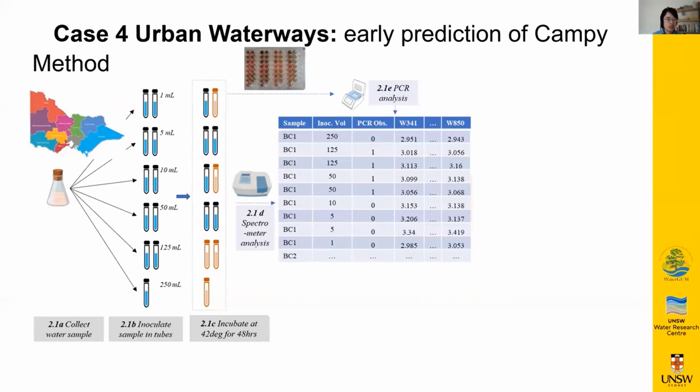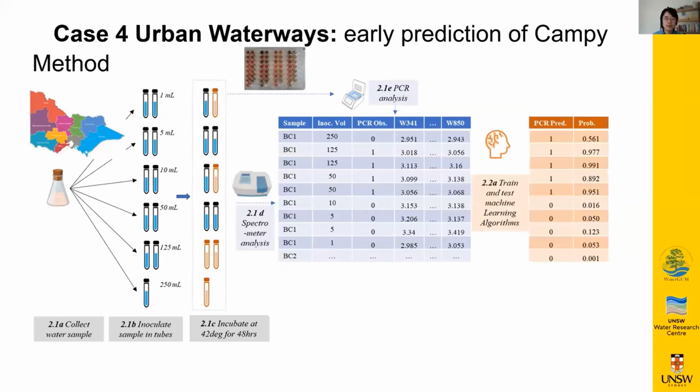You can get absorbance at different wavelengths from 300 plus to 800 plus. Using the data we collected from spectrophotometer analysis, we can train our machine learning models, which can help us predict the PCR presence, but also the probability of PCR presence for each sample.